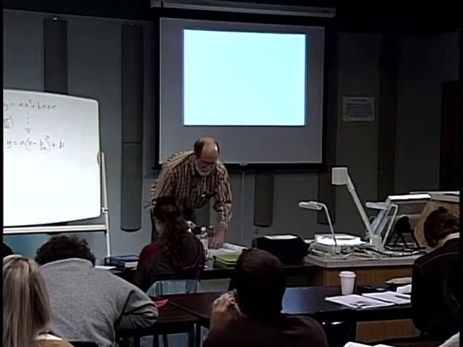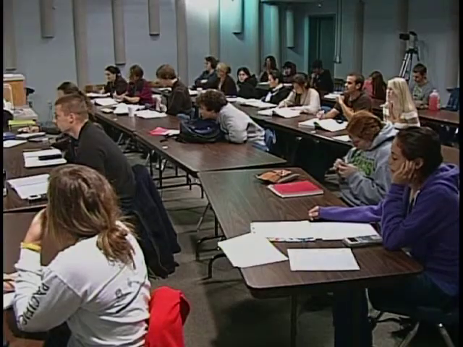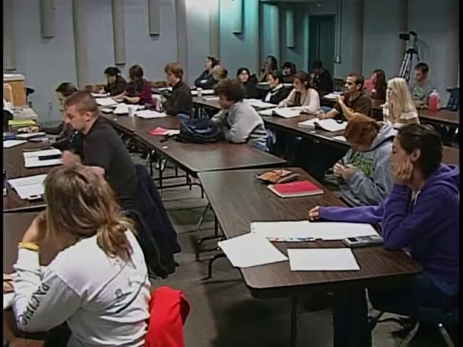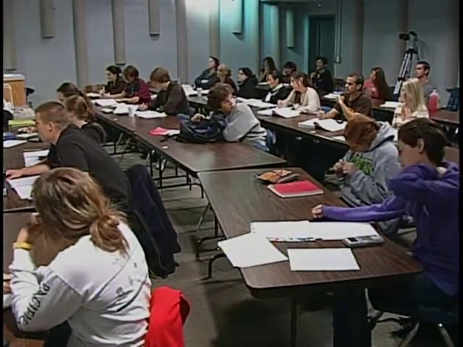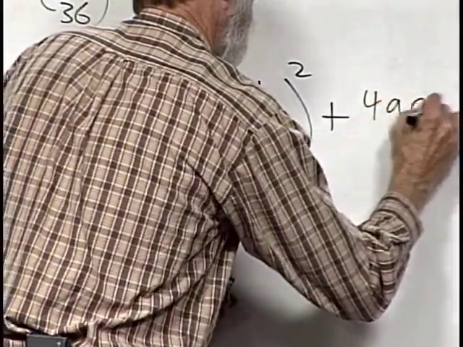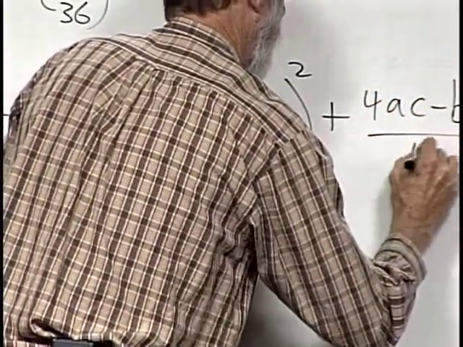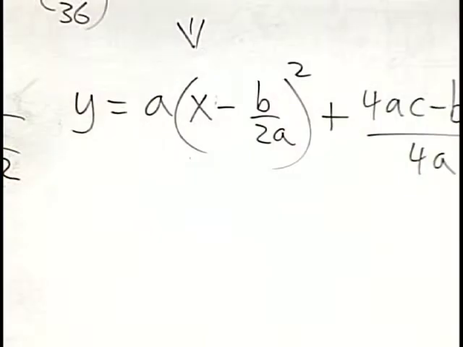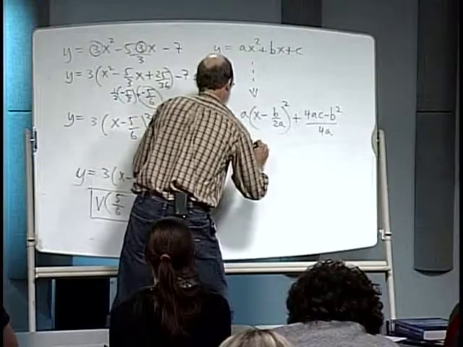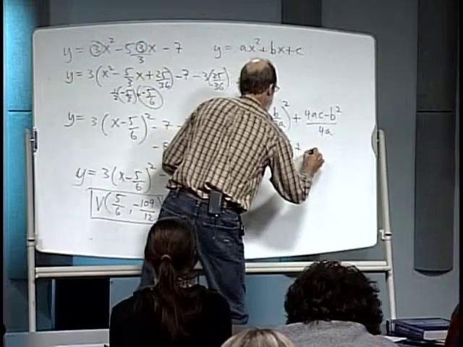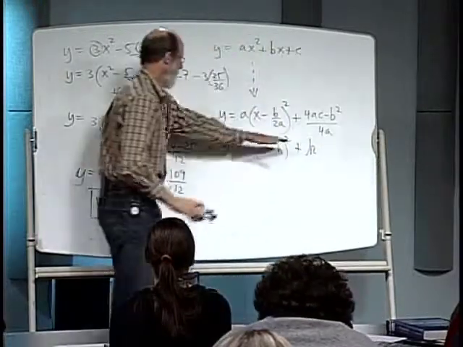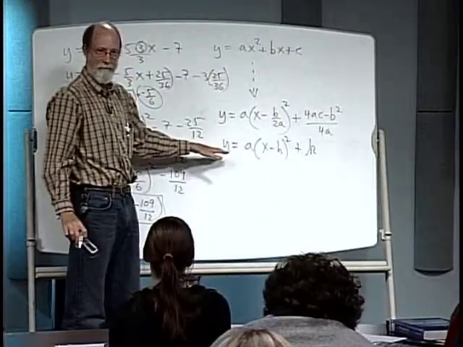Just give me a second here. Four AC minus B squared over 4A. There we go. And the way this is oftentimes written in general is this way, like this.